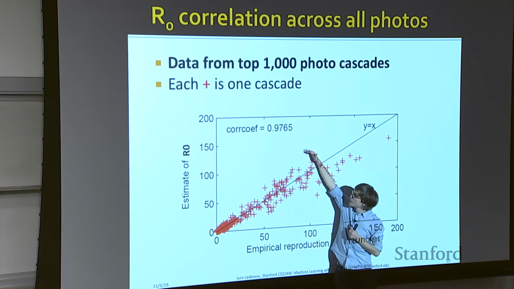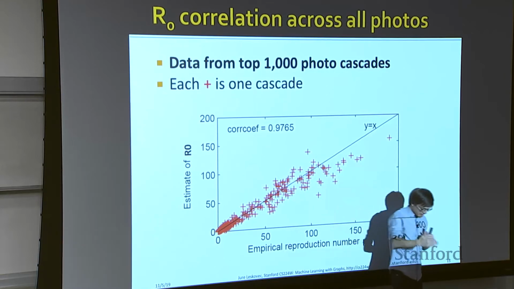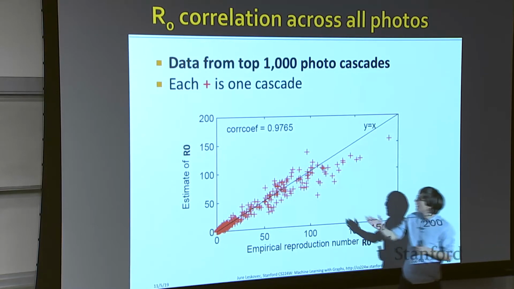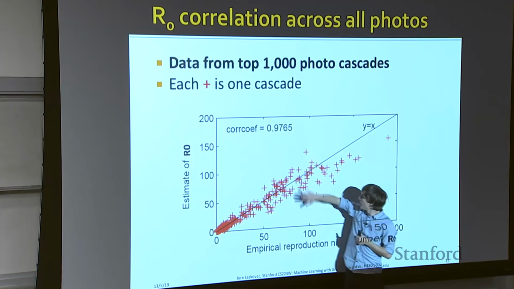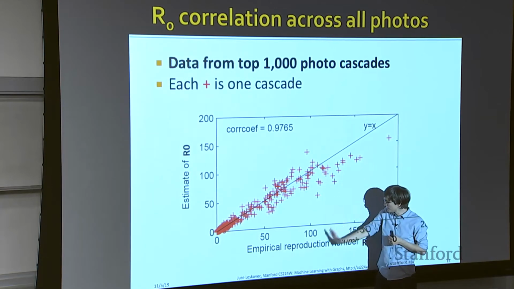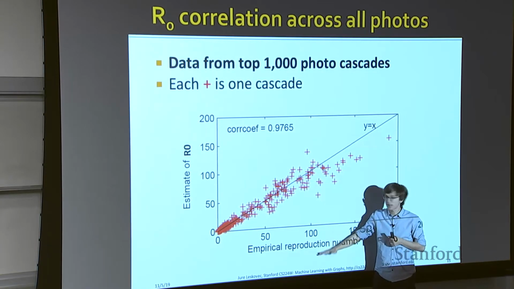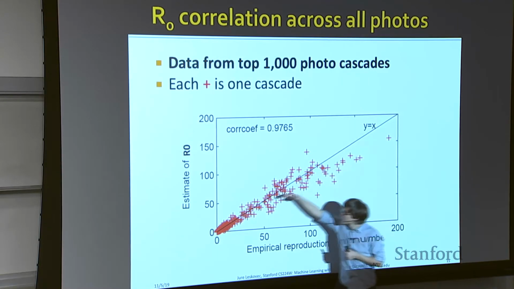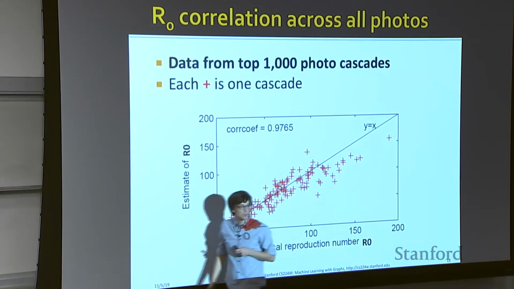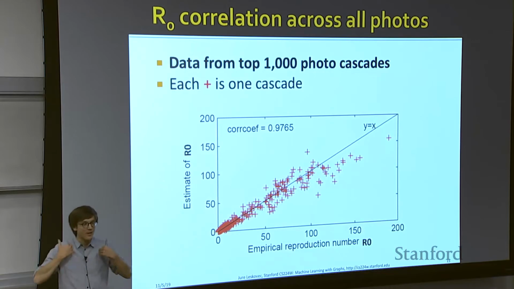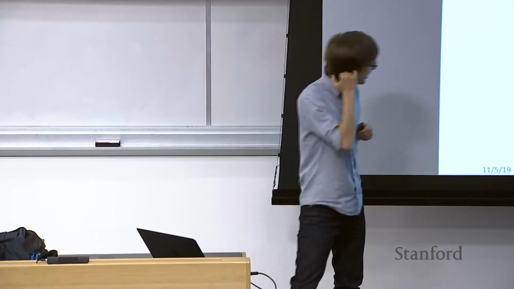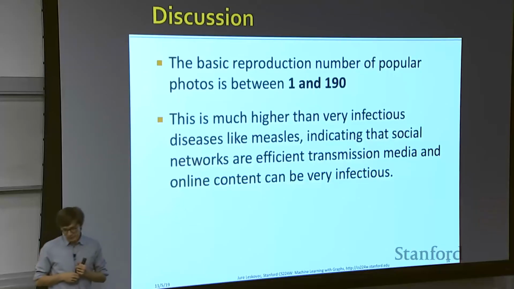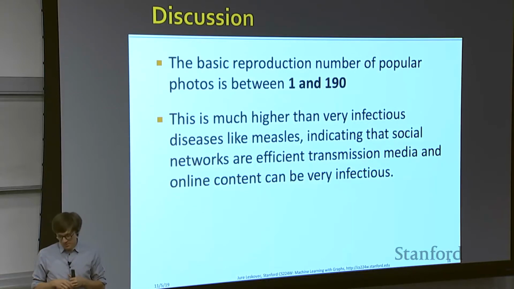If it were above the diagonal, it would mean in the first hop it spread just a bit, but then it increased its R0. These things are below the diagonal, which means in the first hop it spread a lot, and then in the subsequent hops it spread somewhat less. So it didn't have enough stamina to push through. So this is an example of how to think about this reproductive number R0.